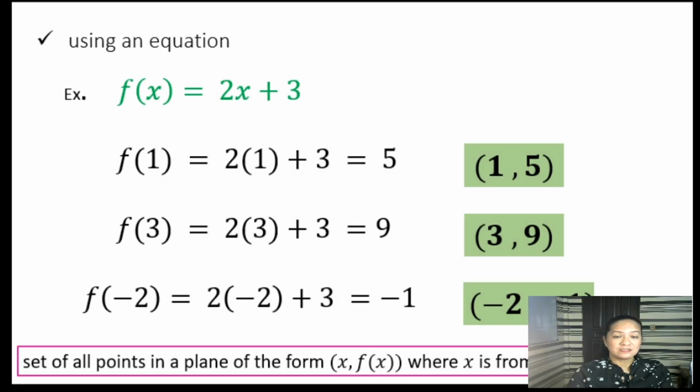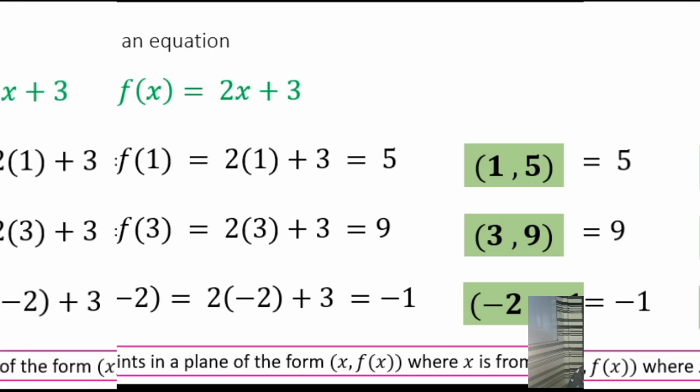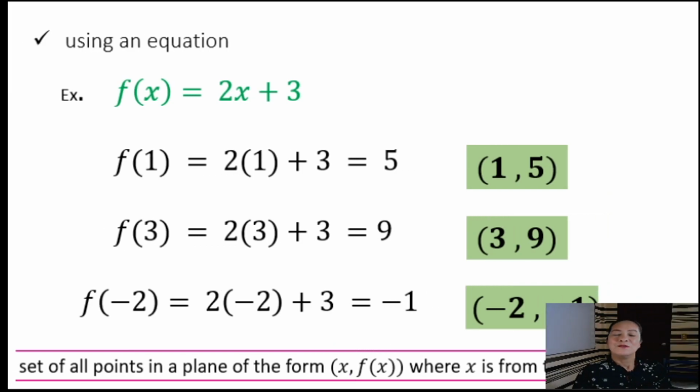In other words, the graph of f is the same as the graph of the equation y equals f of x. Furthermore, because f of x or y takes only one value for each value of x, we can easily tell whether a given graph represents a graph of a function or not.